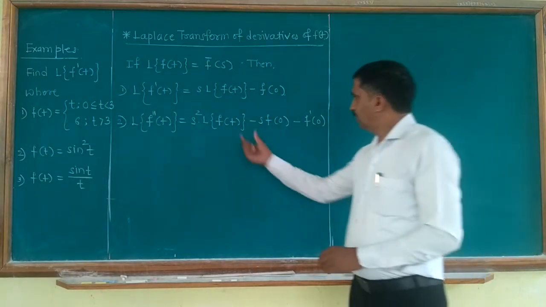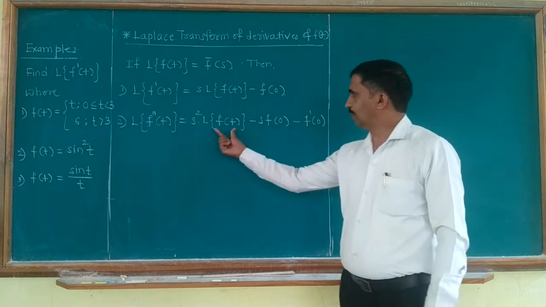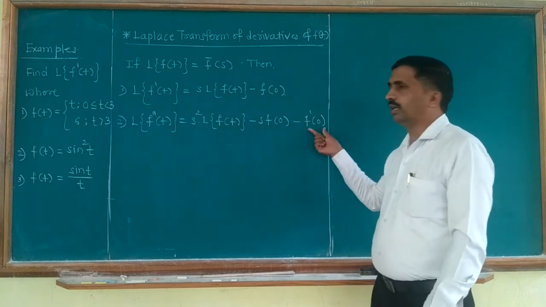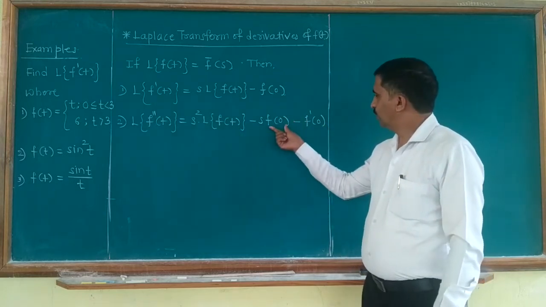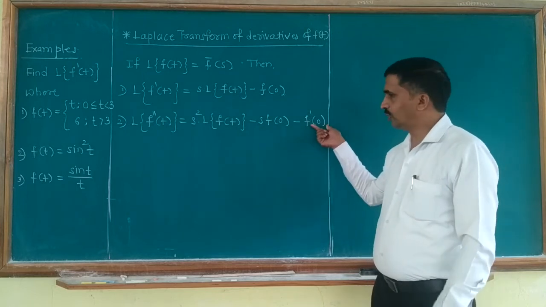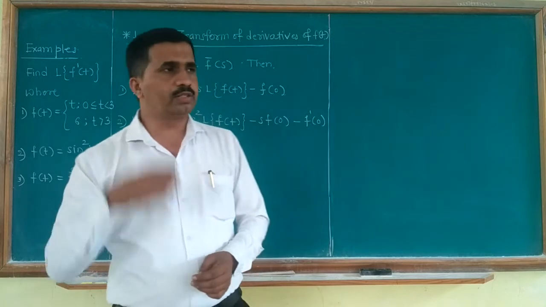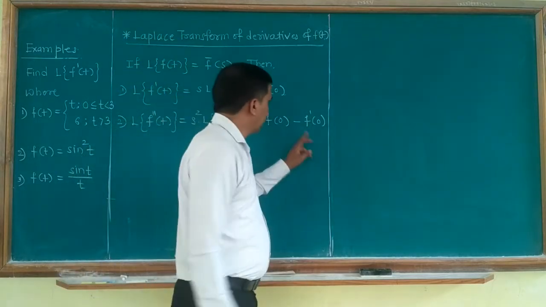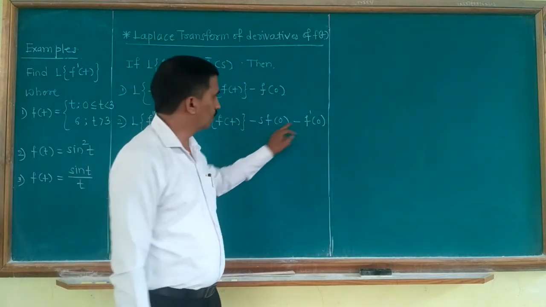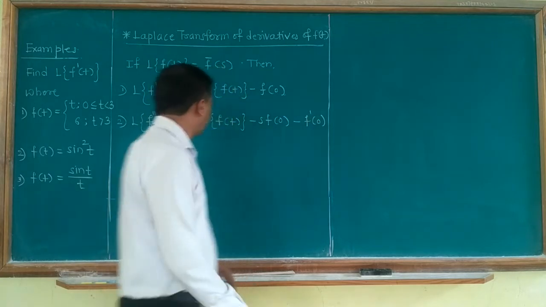Again here we need three terms: Laplace of f of t, f of 0 and f dash 0. f of 0 we know. To calculate f dash 0 from the given function, first you calculate f dash t, that is, find the derivative first and put t equal to 0, and you will get the value of f dash 0.